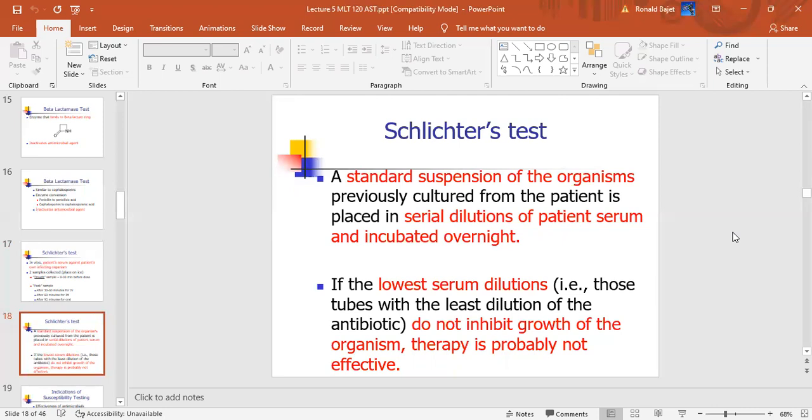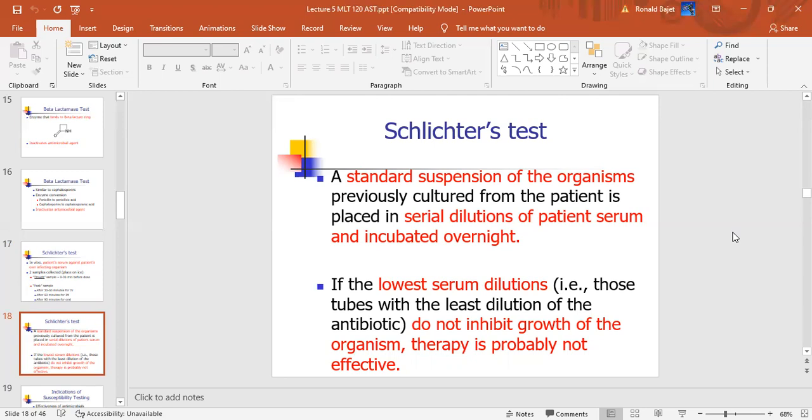Maybe the patient may or may not be responding to the antibiotics. So he could request a Schlichter test. So you take the organism that's isolated in the microbiology lab, you identify this patient is growing E. coli, okay, from the wound culture.